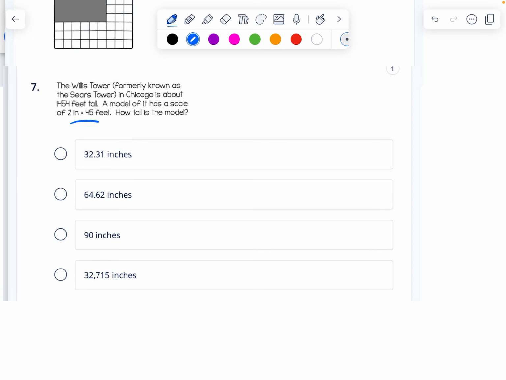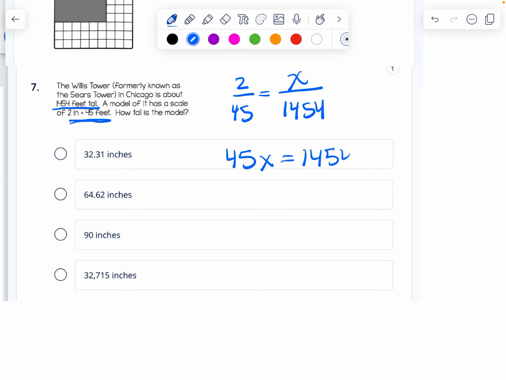So 1,454 times 2 is 2,908. And of course I'm using a calculator, but I'm always showing my work just like you will. So I'm going to divide both sides by 45. And x is 64.62. Round it off.